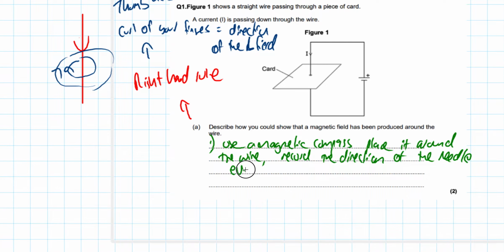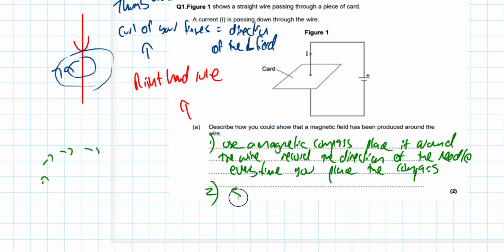So you end up drawing the magnetic field around the wire, because every time you place the compass down, the needle will change direction, so you could put an arrow to point in that direction. You would end up with something maybe like this, and that will show you the direction of the field. So that's answer 1, and that's 2 marks.